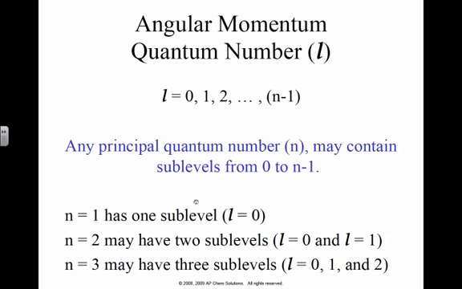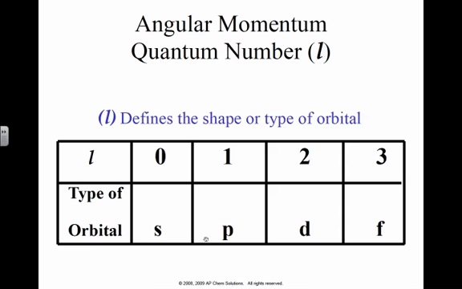The angular momentum number, or the azimuthal number, or the l number, is going to tell you what sublevel it's in. Is it in the s? Is it in the p? Is it in the d? Or the f? SPDF. Okay, we're going to call the s 0, the p 1, the d 2, and the f the third.